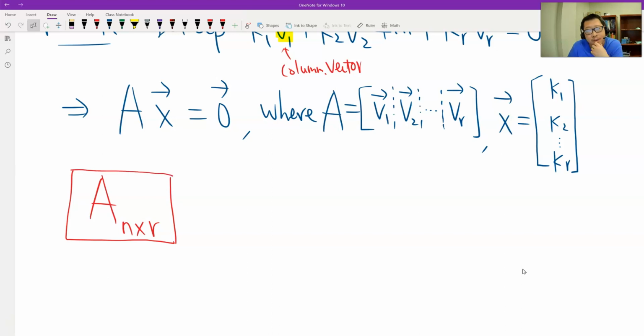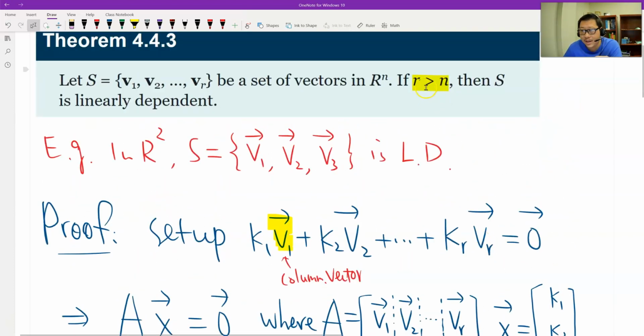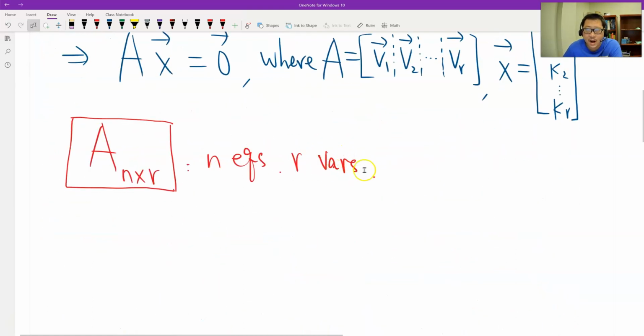It means n equations. How many unknowns? r unknowns. This means n equations and r variables. By the condition, r is greater than n.